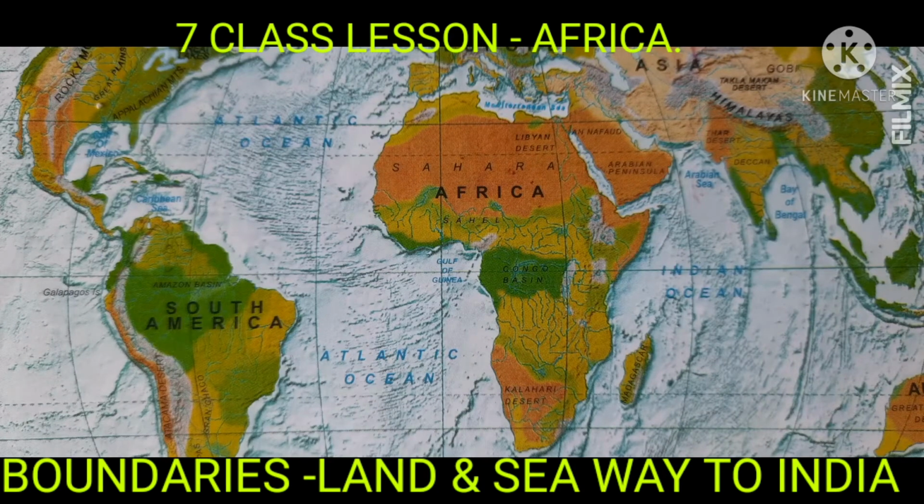The three imaginary lines on the earth, the equator, the Tropic of Cancer and the Tropic of Capricorn, pass through this continent. The equator divides Africa into two halves. The north part of Africa is a vast plateau. The southern part of Africa is a narrow plain.